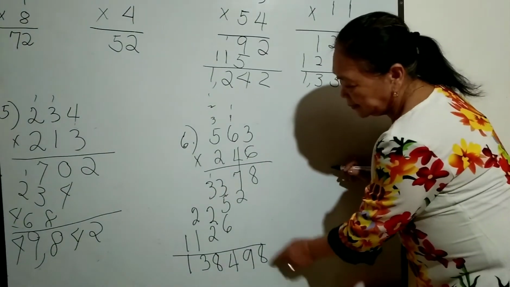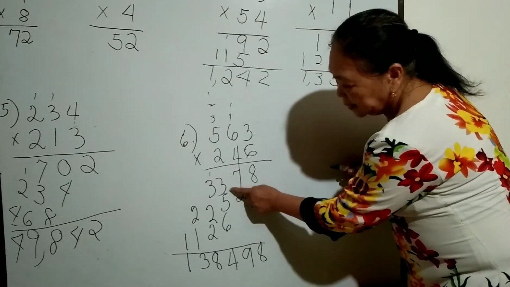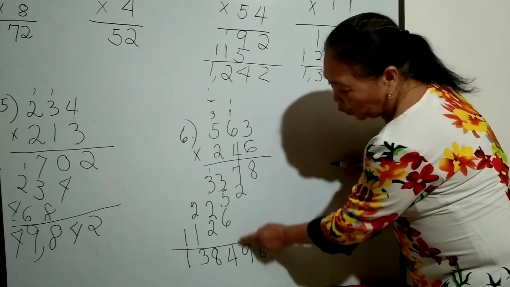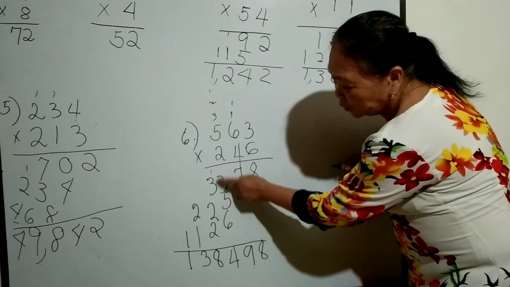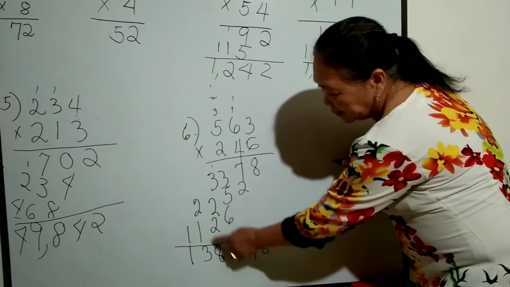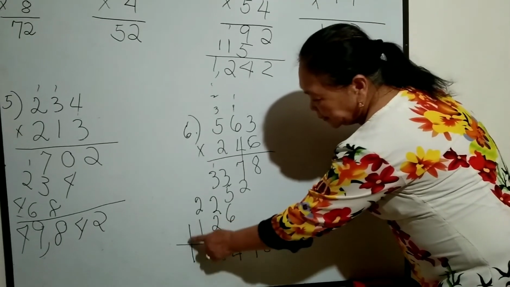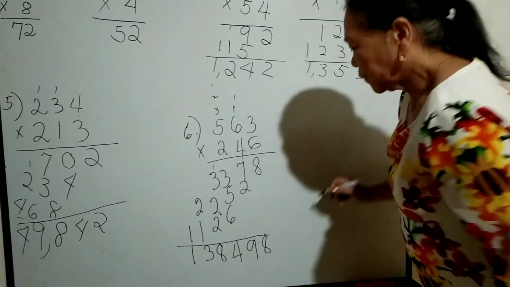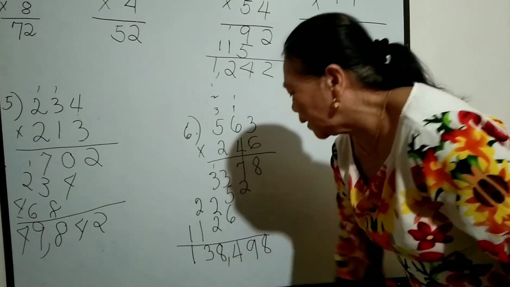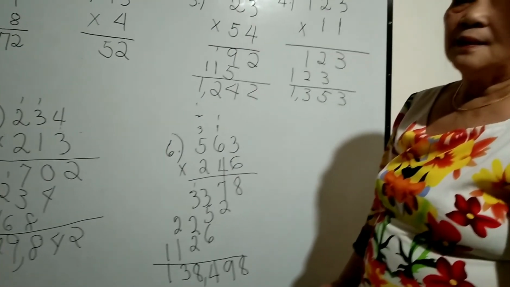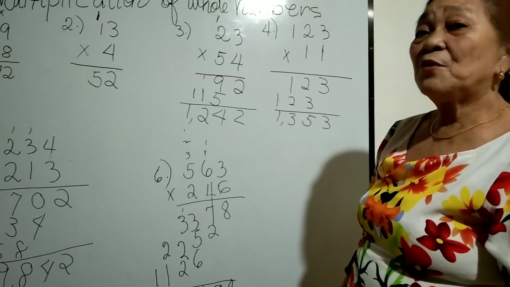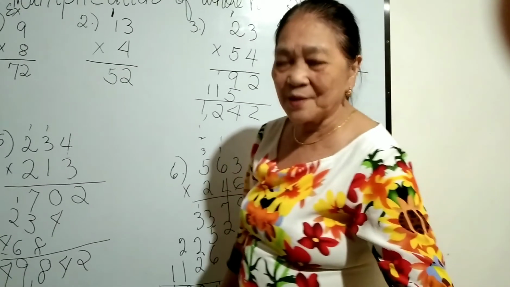Again, that's 8. That's 9. It's already 8. Plus 6, 14. Carry 1. That's already 5 plus 1, 6. 8. And that is 3. And that is 1. Bring down 1. So, your answer is 138,490. That's for multiplication of whole numbers.